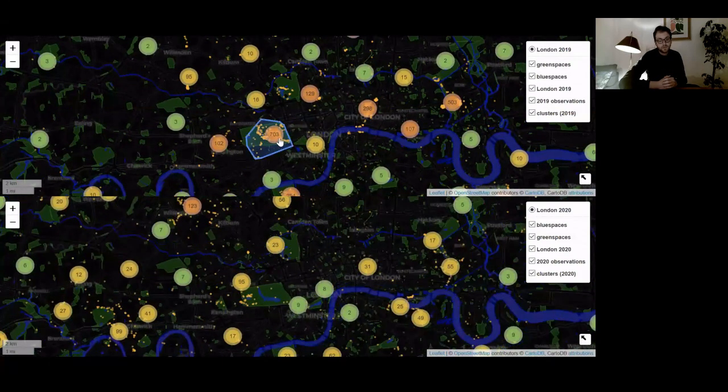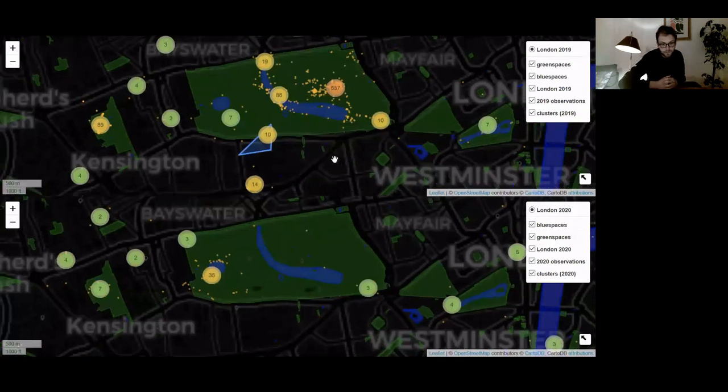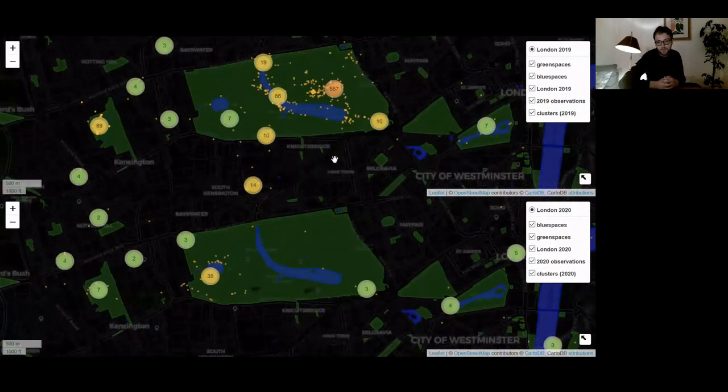And that could also explain very well that people avoid the green spaces to make the observations. You see Hyde Park here with 700 observations in 2019, and it's almost disappeared in 2020. It could also be that Hyde Park was closed, I don't know, but that's definitely correlated with the COVID restrictions, and that's also true for the other green spaces.